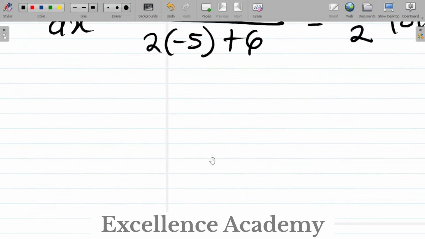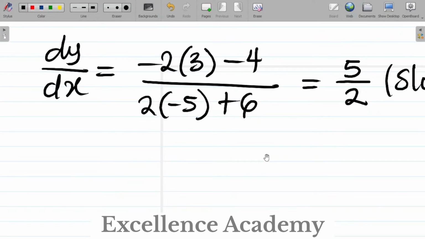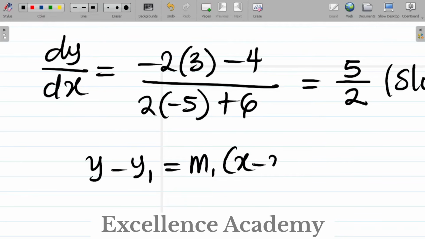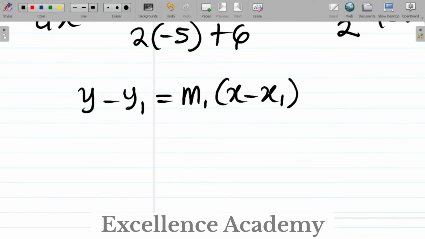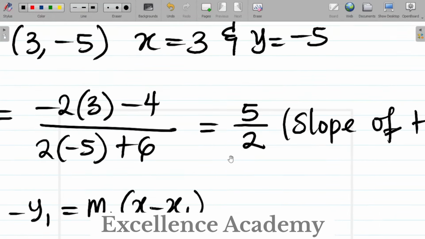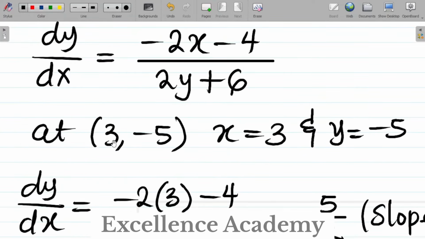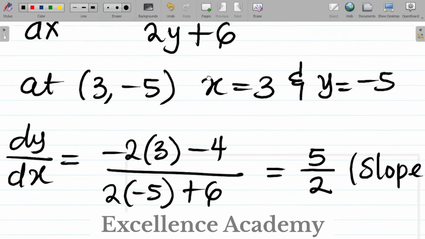Now let's proceed with this. We have to find the equation of the tangent. Note that the equation of the tangent is given by y minus y1 is equal to m1 into x minus x1. We are given 3 and minus 5, so y1 is minus 5.